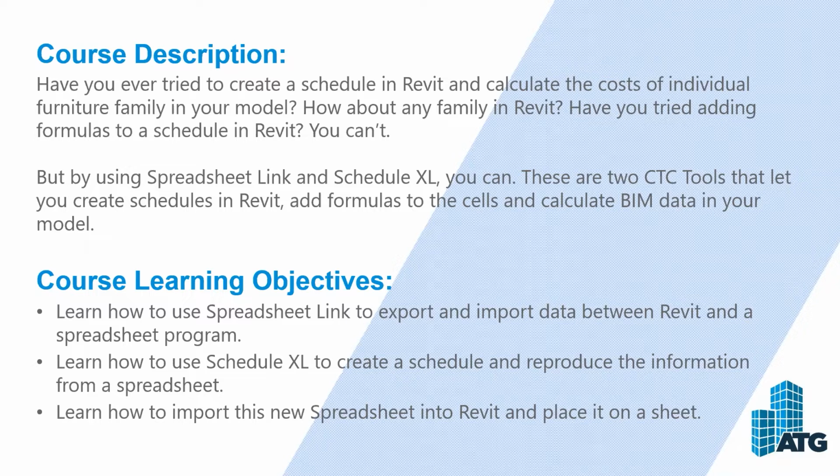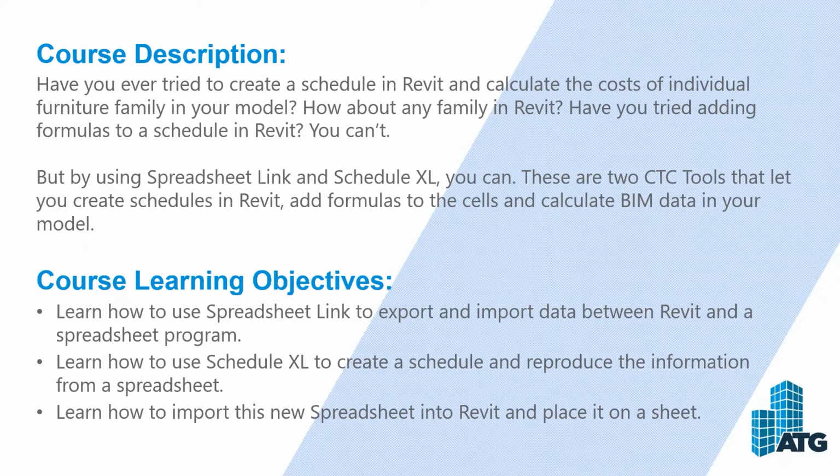And today, we're going to learn how to use Spreadsheet Link to export and import data. I'm going to show you how to use Schedule Excel to then take that schedule, reproduce that information, and import that into Revit.